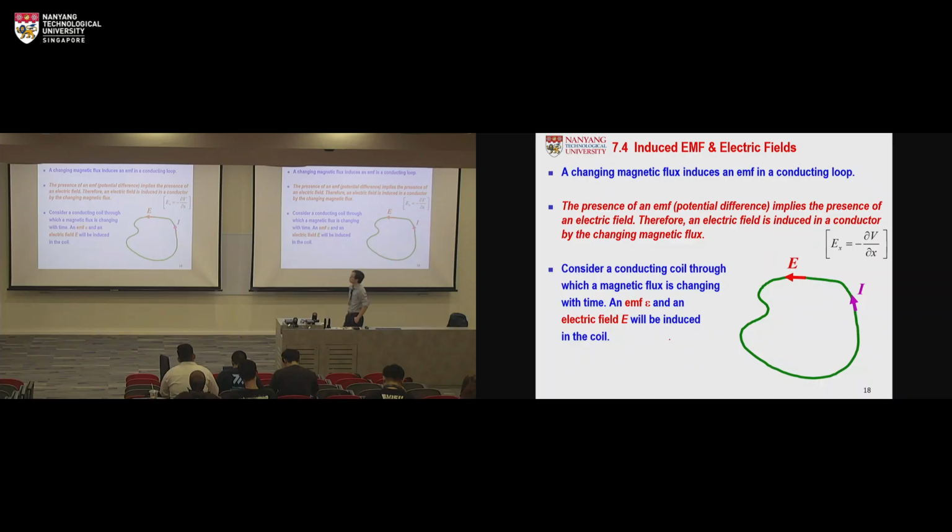Okay, next one is, so far we have only talked about this induced EMF. Of course, it's just like the typical potential difference. Once you have a potential difference, you will build up an electrical field E. Same thing, once you have this induced EMF, you will also have this induced electrical field E. And the relation between V and E is the same, right?